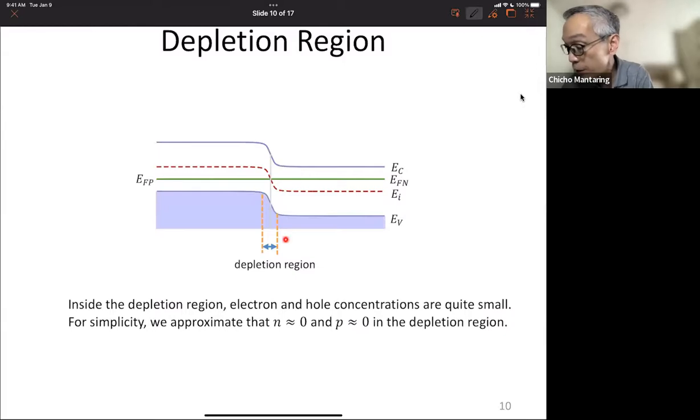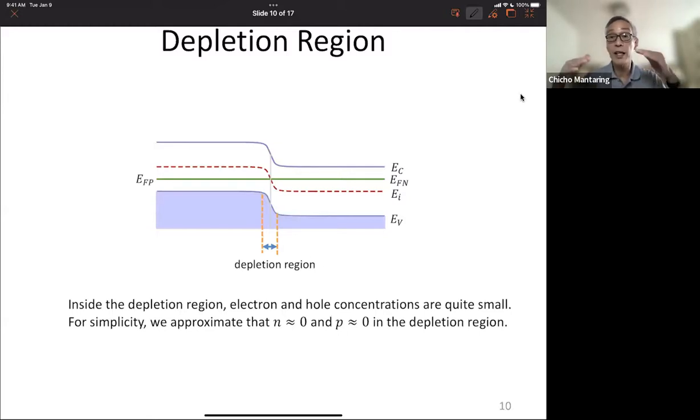So this is your depletion region. In the depletion region, n is approximately equal to 0 and p is approximately equal to 0. There are no charge carriers here, right? Because the electrons from the N side recombined with the holes on the left side in that particular region, so that the net charge concentration is 0.